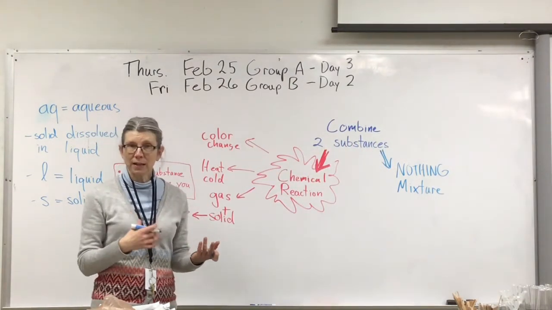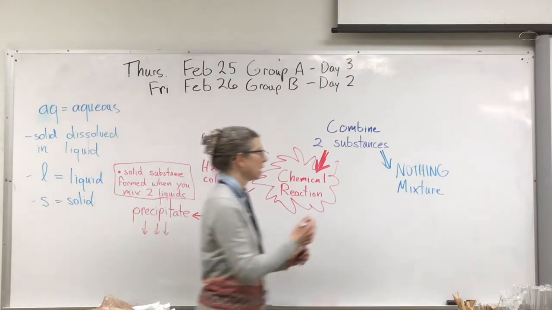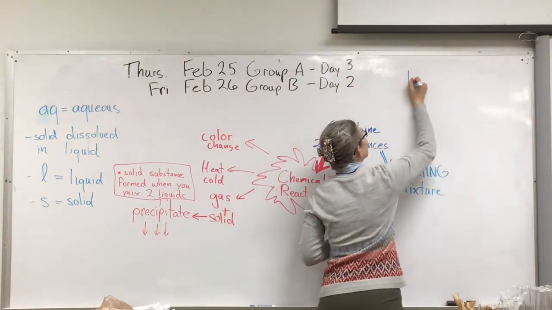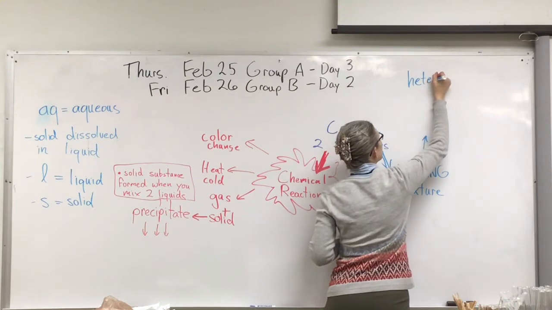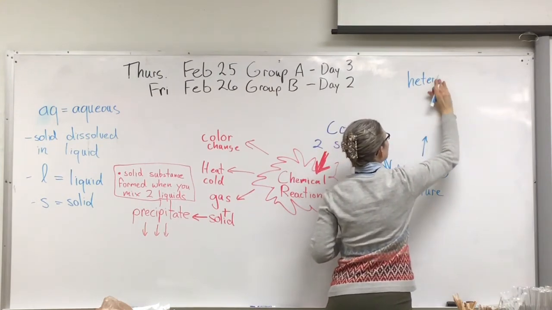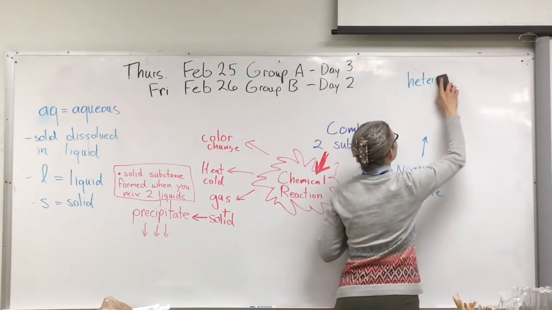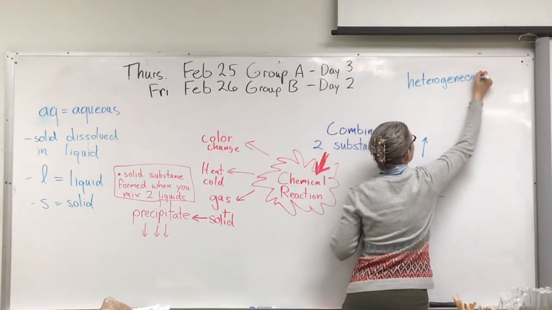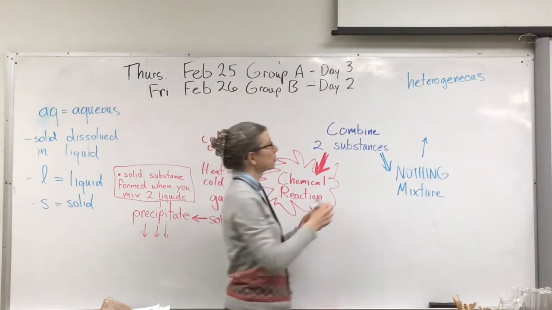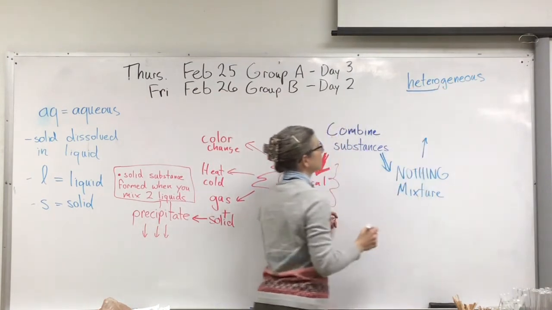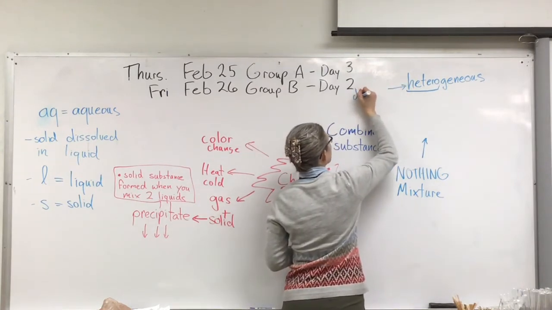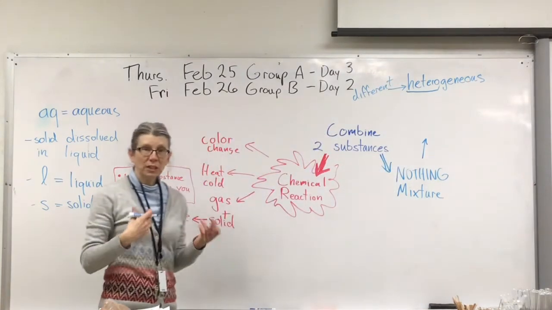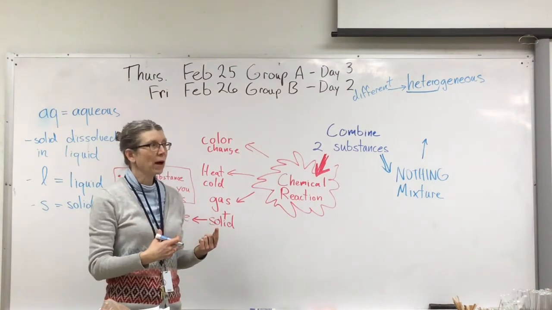Now, mixtures can be divided into two major categories. One type of mixture is what we call heterogeneous, spelled H-E-T-E-R-O. The prefix hetero means different. In a heterogeneous mixture, it's not the same throughout. You can see the different parts.